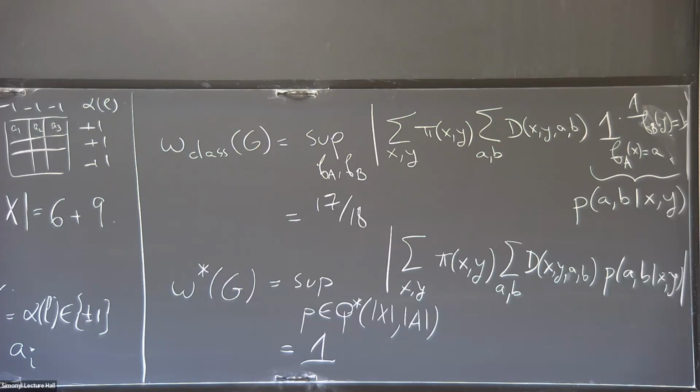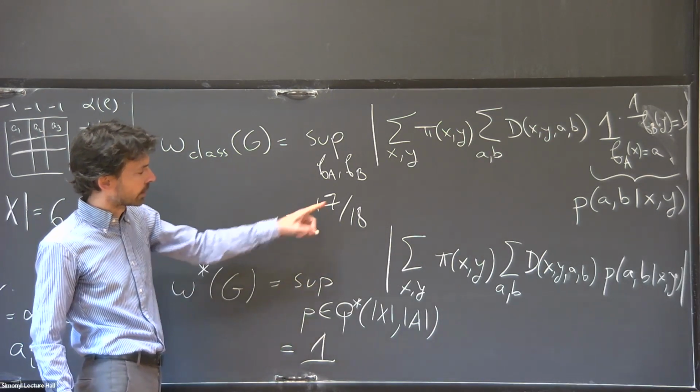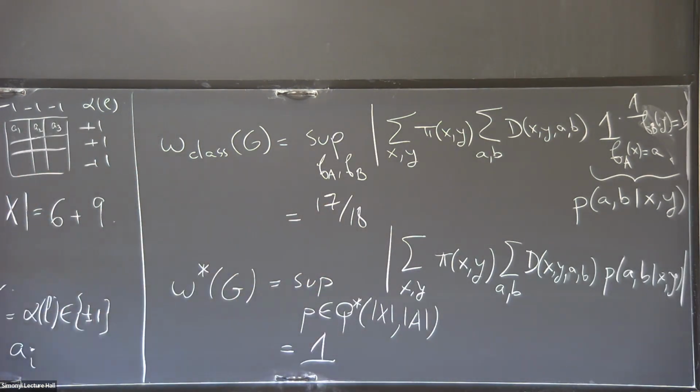So if we've verified this equality, that here it's equal to 1, then whatever P achieves or comes sufficiently close to 1 that it beats 17 over 18, that value there, it must be a P that lies here, in Q star, but not in the classical set. So by making these two computations, we've effectively separated these two sets. It's not the ones that we want to separate, but it's like a toy version.